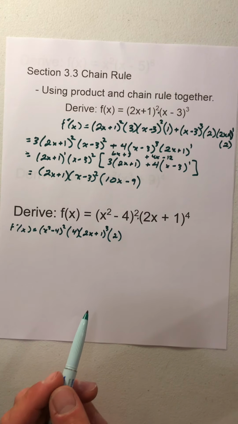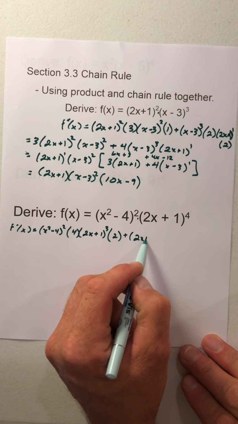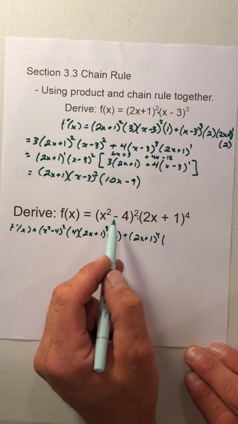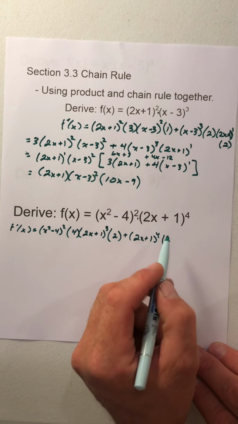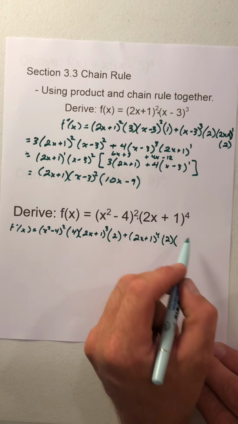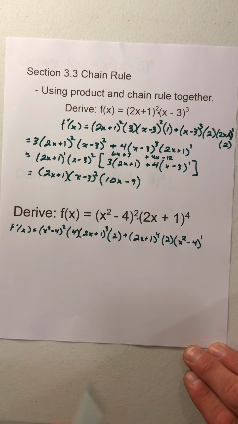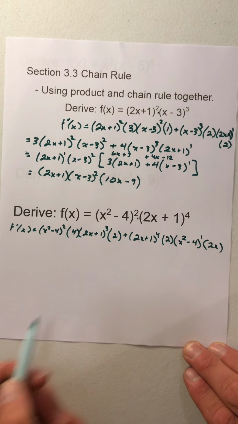Remember, don't forget that derivative of the inside. To that, we're going to add the 2x plus 1 to the fourth and then the derivative of x squared minus 4 to the second. Bring the 2 to the front, the inside stays the same, x squared minus 4, decrease the exponent by 1 so that goes to 1, and then the derivative of the inside gives us our 2x.